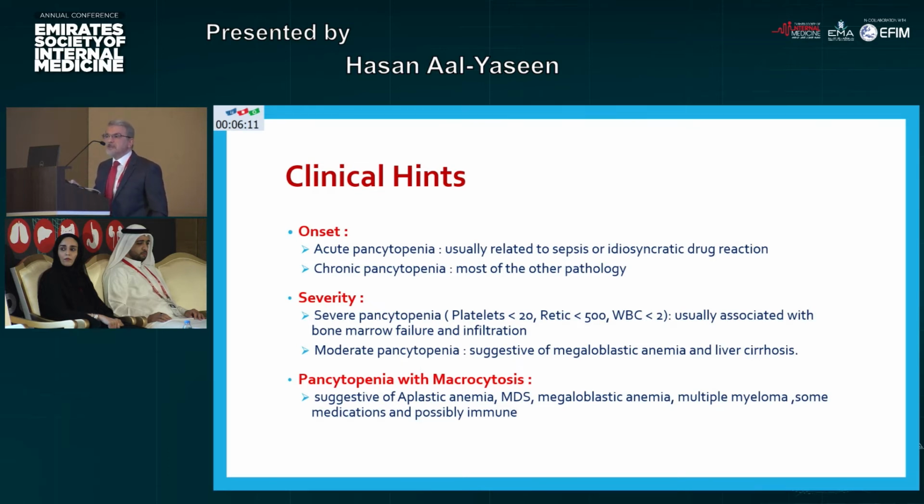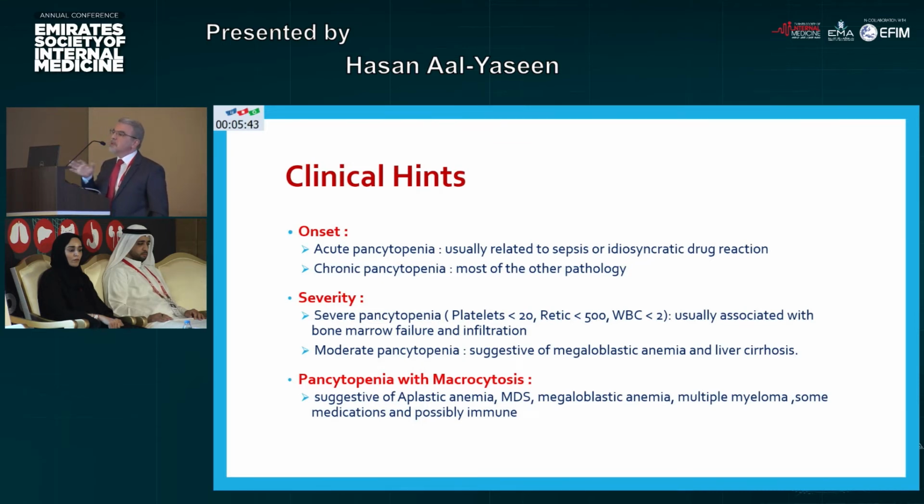You rarely have severe pancytopenia in cases of megaloblastic anemia or in hypersplenism, especially due to liver cirrhosis. While with bone marrow aplasia, aplastic anemia, the pancytopenia is severe, with a retic count of less than 500, platelets of less than 20.